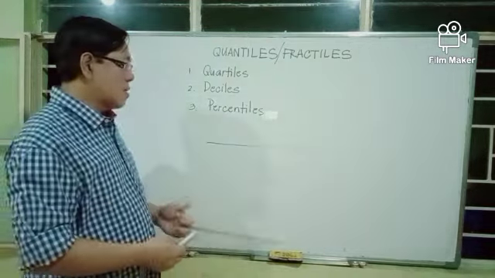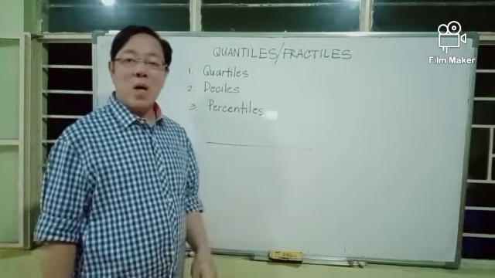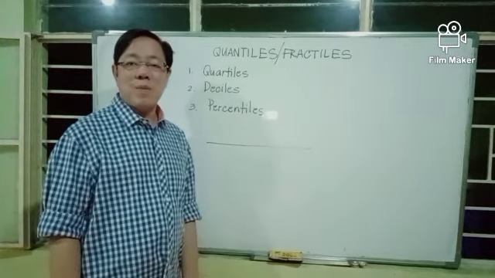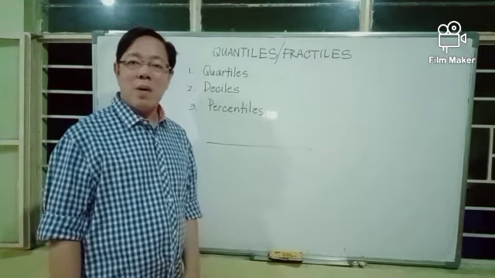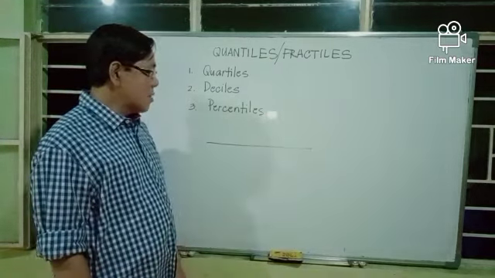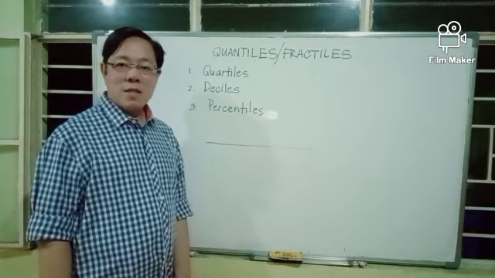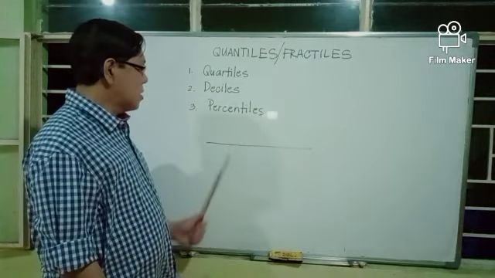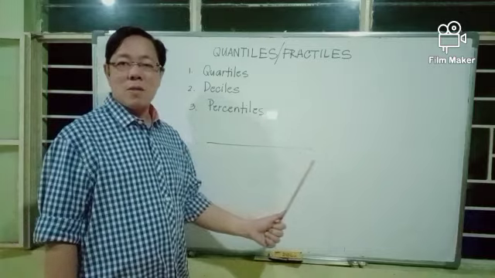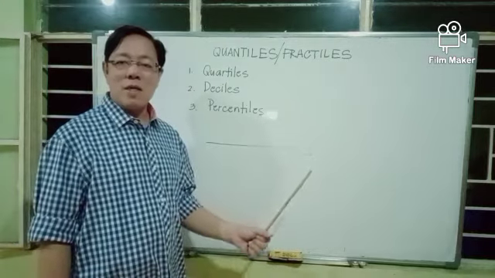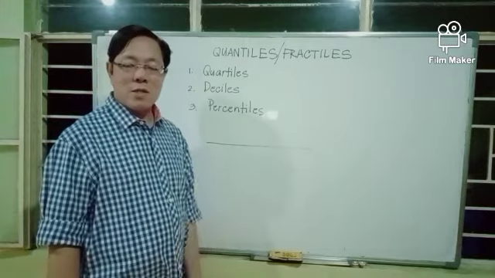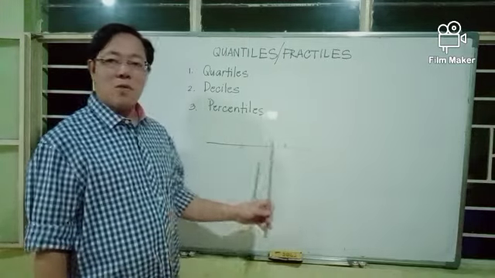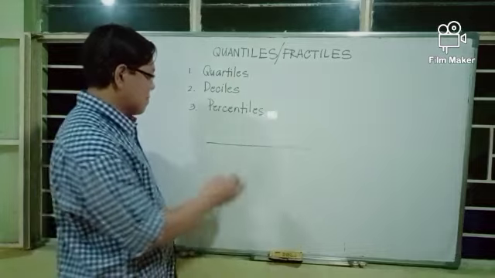If we take this line as one whole, the set of measurements, and we want to divide this into 4 equal parts, then you would need 3 cuts on the line. If you want to divide this one whole line into 4 equal parts, you need 3 cuts in order to divide this into 4 equal parts.